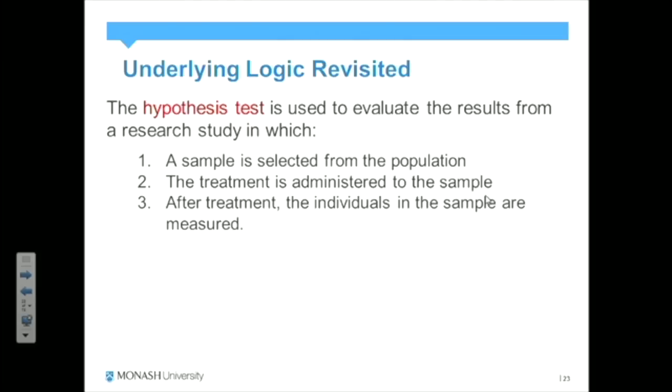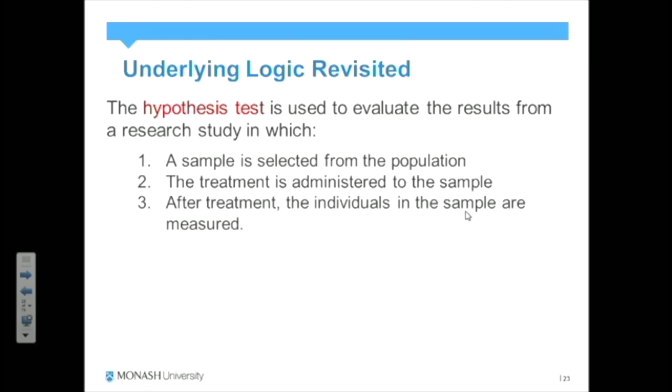So the logic has 3 steps. The first thing we do is select our sample from the population. We then give some kind of treatment to that sample. After the treatment, we measure the people on whatever score it is that we're interested in. You might not do this in real life. This is quite a cross-sectional way of doing it.